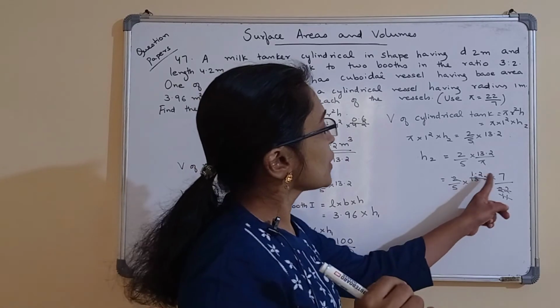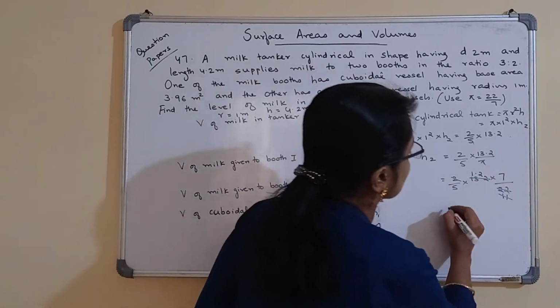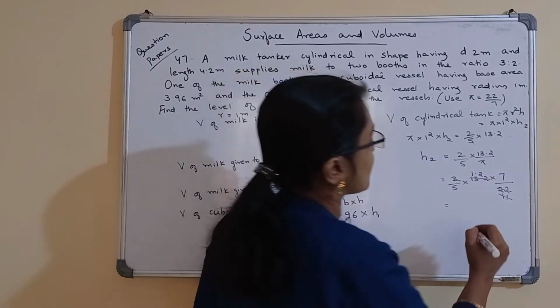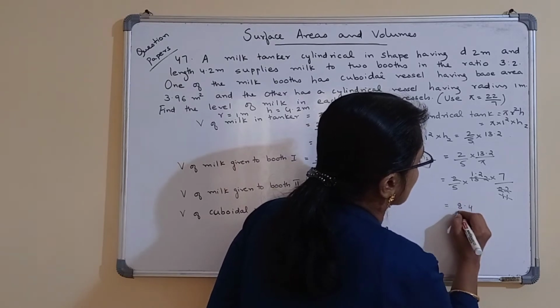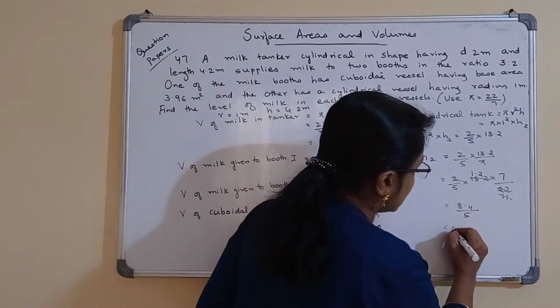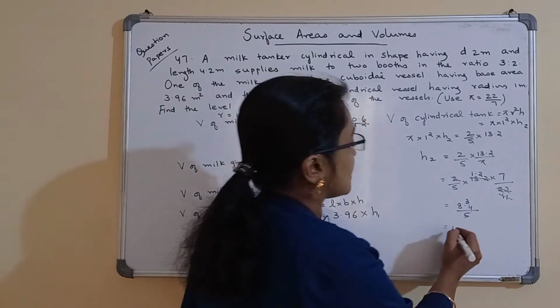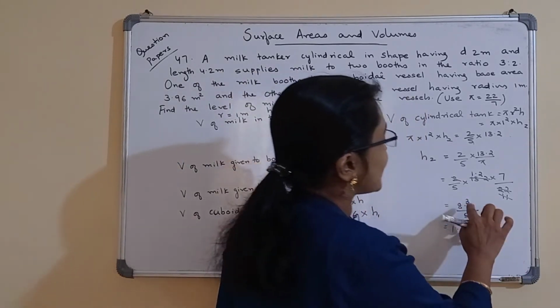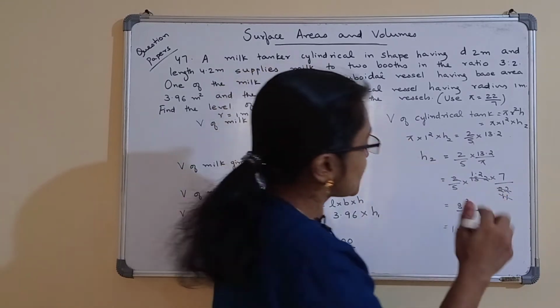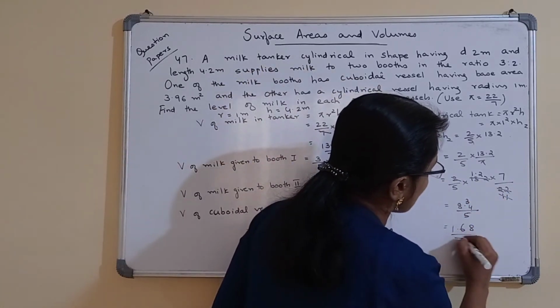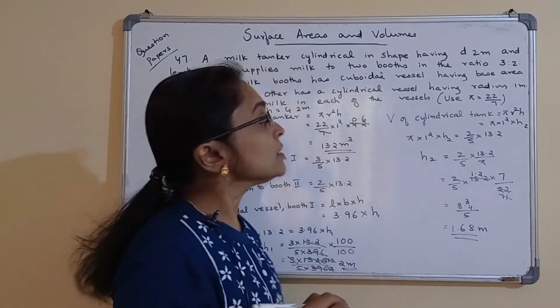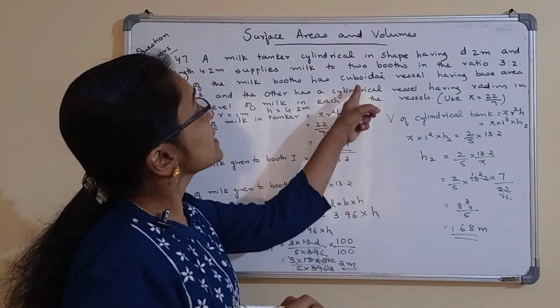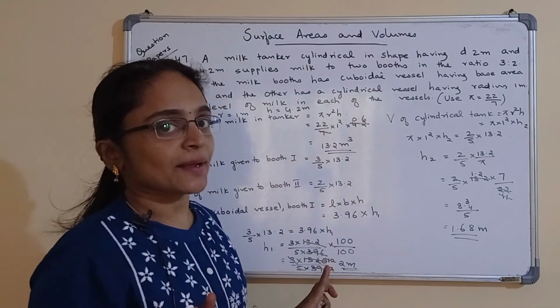So we have 1.2 into 7 by 5. And 1.2 into 7 is 8.4. 8 by 5 is 1, 3 remainder. Then point, 34 by 5 is 6, then 4 remainder. Now 40 by 5 is 8. So 1.68 meter is the height of the cylindrical vessel in the second booth.